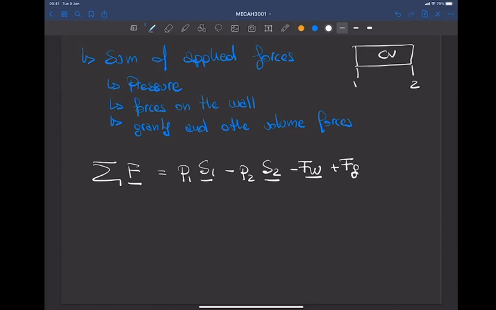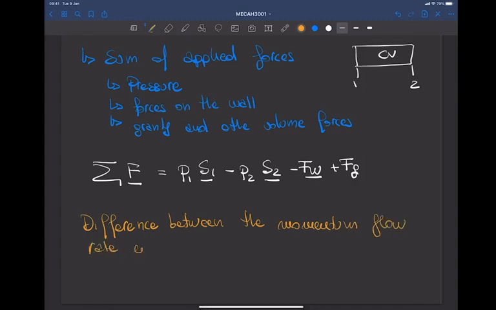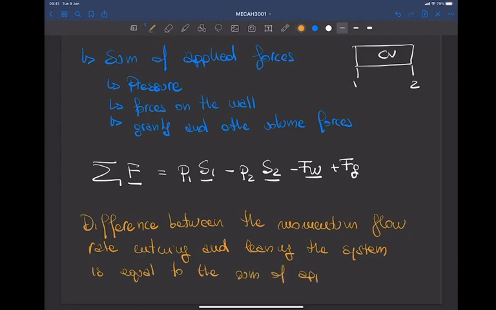Okay, so putting these all together, we said in words, in fact, that the difference between the momentum flow rate entering and leaving the system is equal to the sum of applied forces, where again we consider positive the forces that are responsible of a work done on the system.